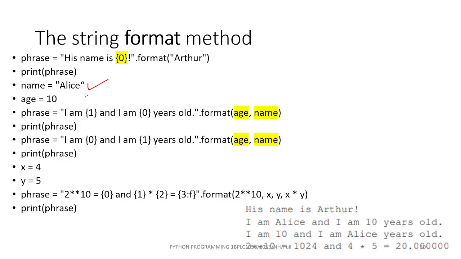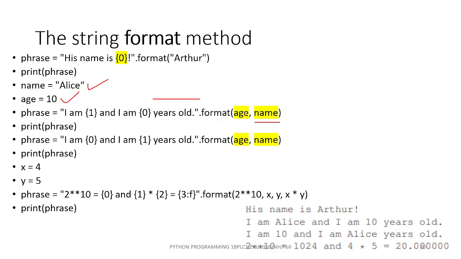Okay. Now, how will things be done when more than one parameter is there? The first parameter is name, the second parameter is age. "I am {1} and I am {0} years old." Don't take the meaning of it. In this parameter, 1 is taken, that is the name, Alice.